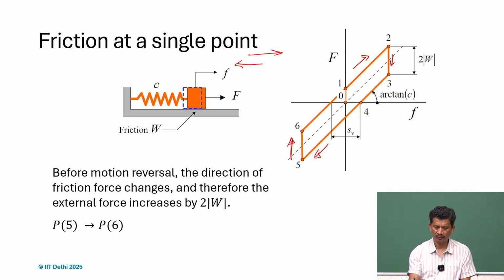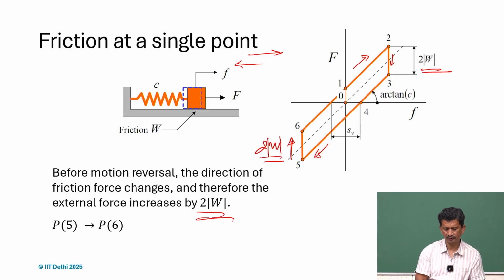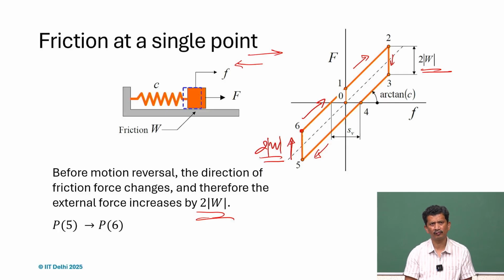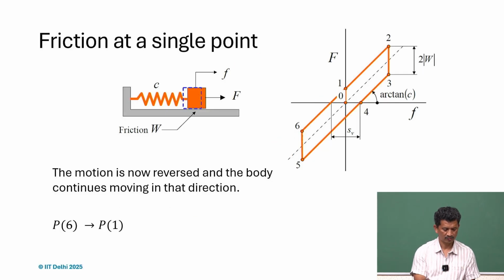So again 2W term will come into the picture. So it will increase, and when we reach 6, then only it will start moving this way. So that's what we see here.